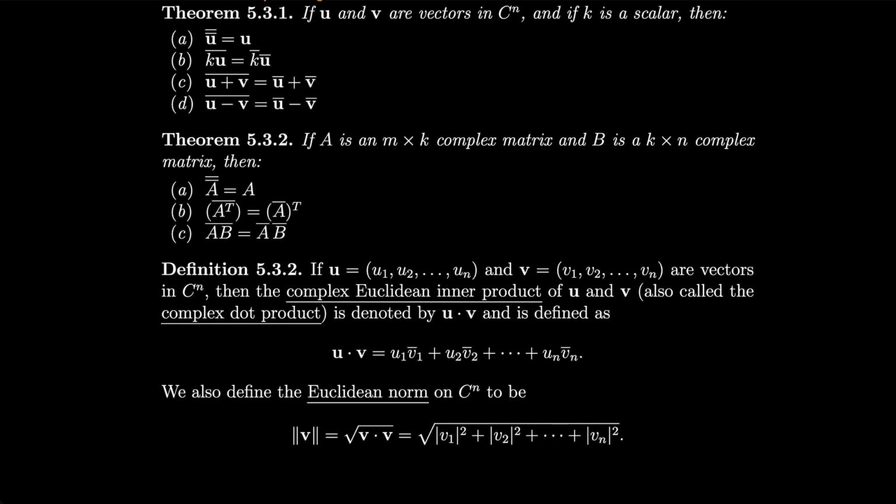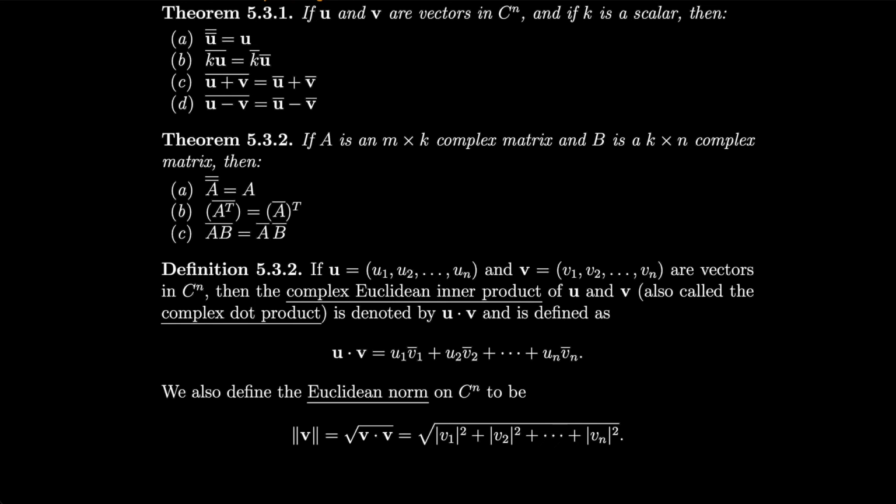Conjugate of u plus v is just the conjugate of u plus the conjugate of v, and the conjugate of u minus v is just the conjugate of u minus the conjugate of v. If A is an m by k complex matrix and B is a k by n complex matrix, then bar A bar is A, bar of A transpose is the transpose of A bar, and bar of A times B is just bar A times bar B.